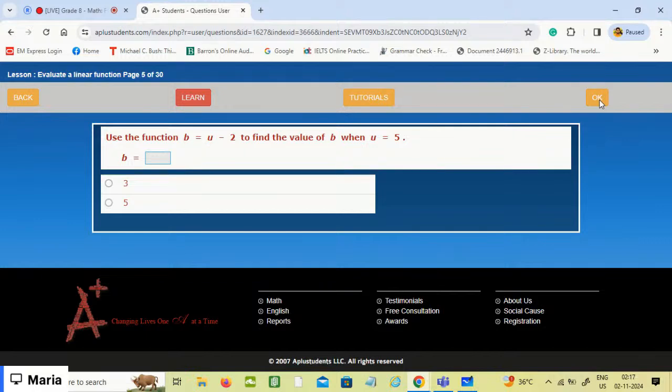So then b equals 5 minus 2, which is 3. Option number 1 is the correct option.